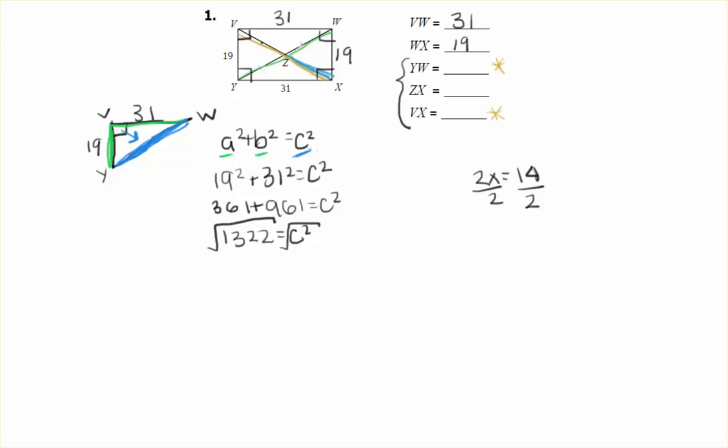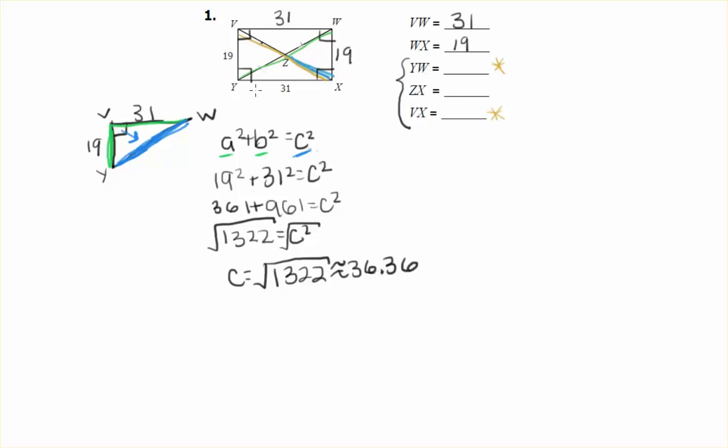Here we want to take the square root of both sides, since the opposite of c squared is the square root. That cancels it out, so we get that c equals the square root of 1,322, and I'm going to round that to 36.36.